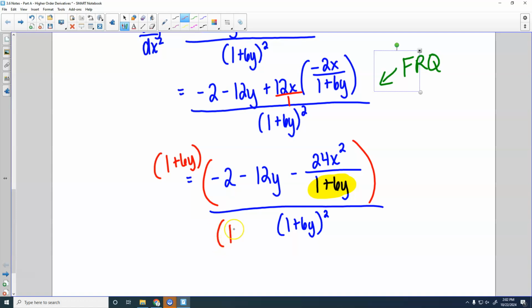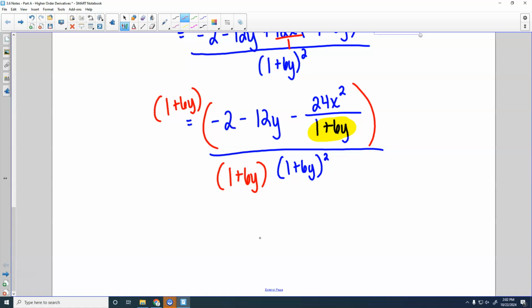Same thing, 1 plus 6y. In the bottom, this will be fairly simple because you have 1 plus 6y to the first power times 1 plus 6y to the second power. You're just going to combine those and you'll get 1 plus 6y to the third power. I'm going to go ahead and do that.